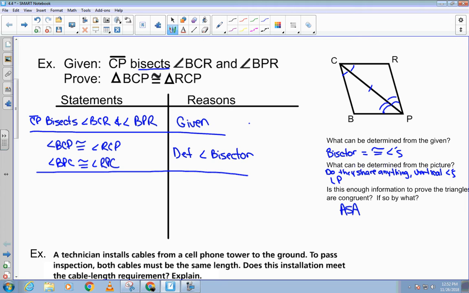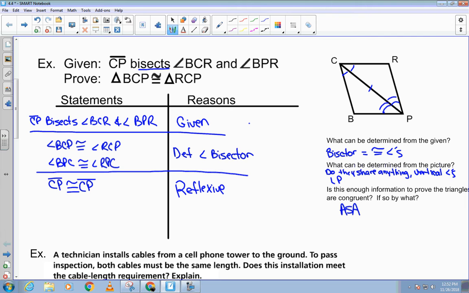How would I state that? CP. Now would you switch it in this case? Look, you've got a single and a double. CP would be congruent to CP in this case. Okay, so you wouldn't switch them around. Let me show you why. Okay, this is the reflexive property.